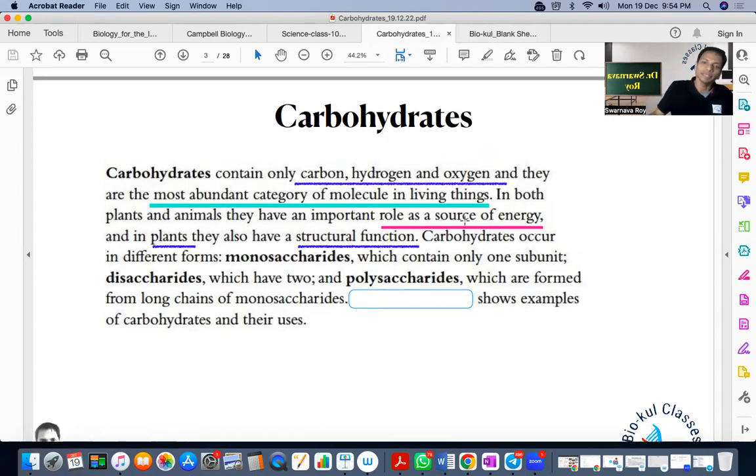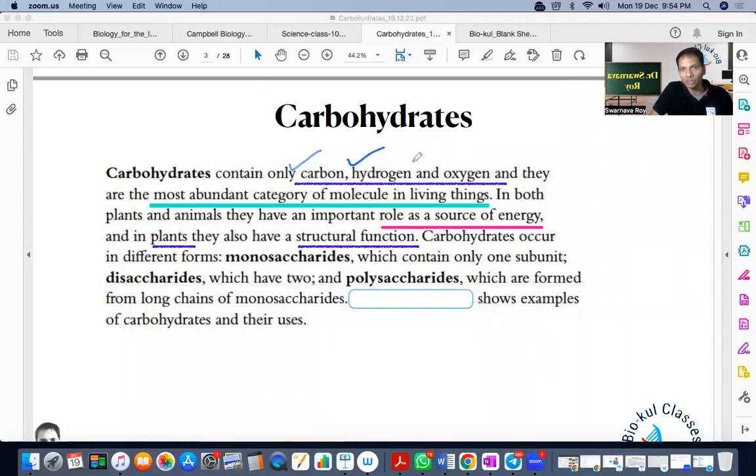So first thing first, carbohydrates are biomolecules made up of carbon, hydrogen, and oxygen. They are the most abundant category of molecules in living things.